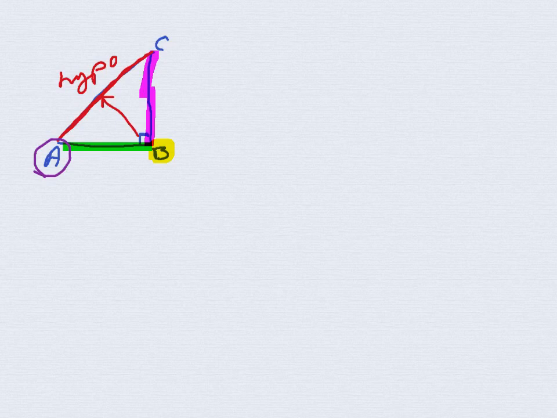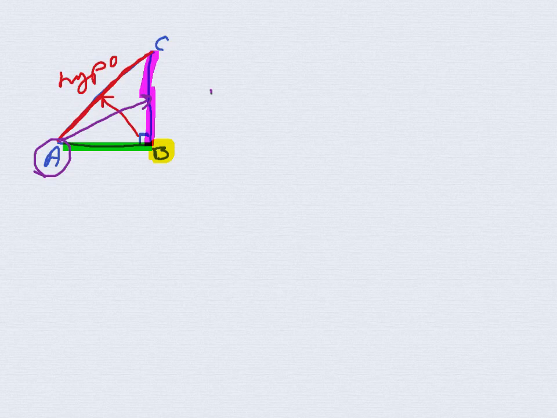So here we go. The side that's across from A, in other words, it's not touching the corner A whatsoever, is the side BC. Neither end of that line is touching my angle.